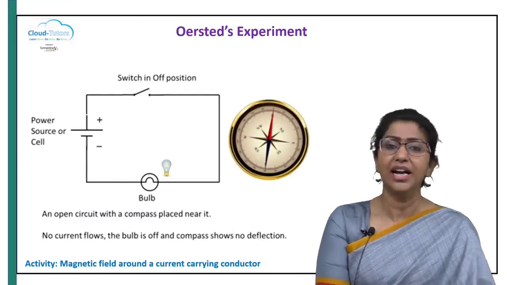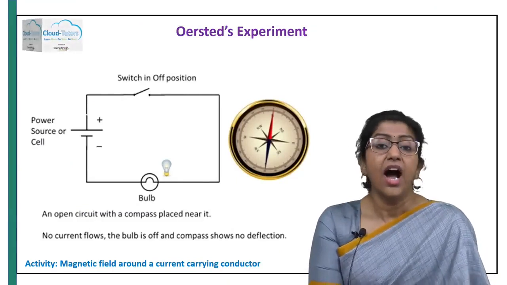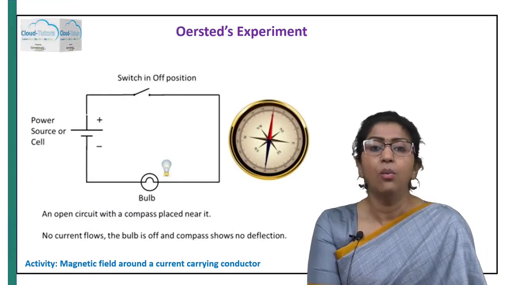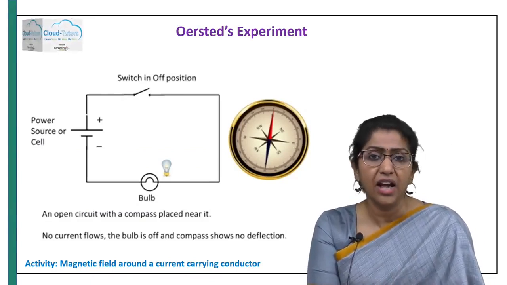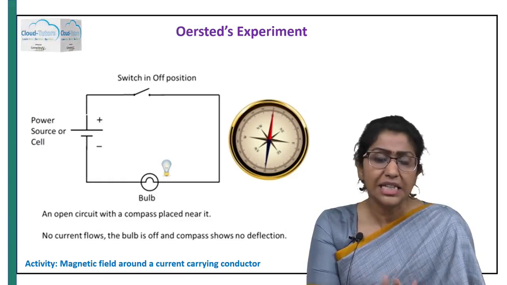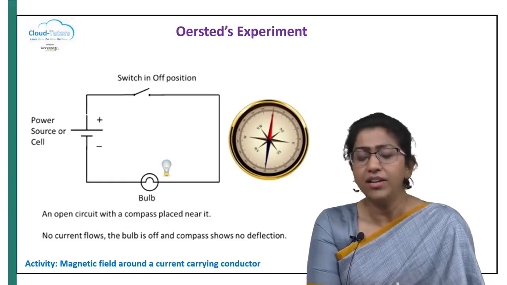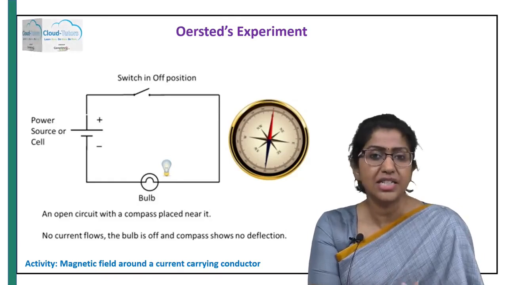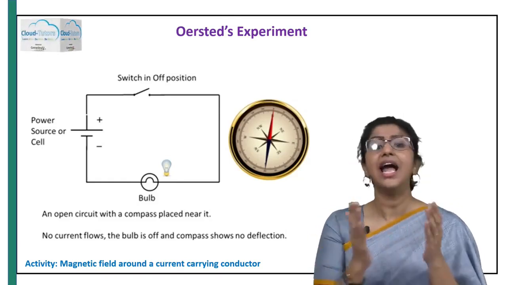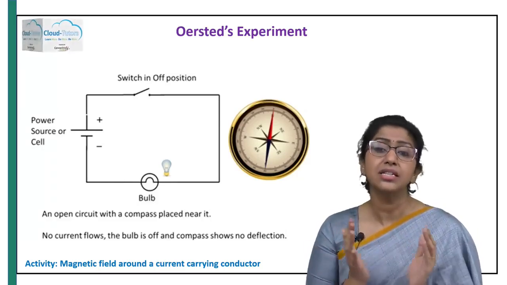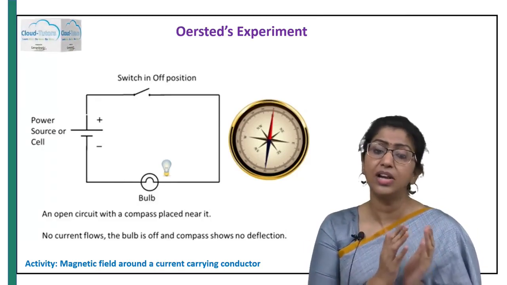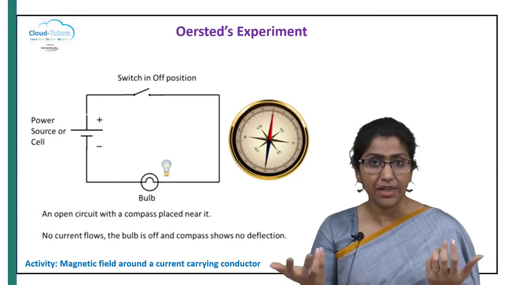But before that, let's discuss how we understood that a particular conductor can produce a magnetic field. Earlier, in the 16th century, all the scientists and physicists thought that magnetic field and electric field are two different entities, or two separate quantities which exist separately.